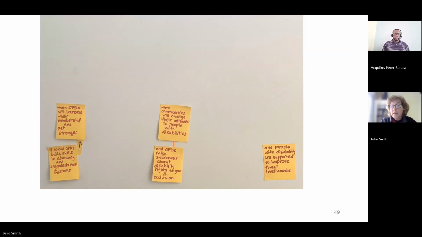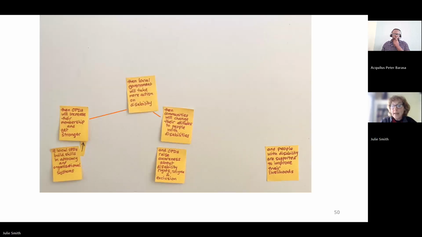And if we raise awareness, then that will lead to, hopefully, communities changing their attitudes to people with disabilities. So if we're involved with partners involved with the OPD, raising awareness about rights, and if we think about doing those two things, then local government will probably take more action on disability.